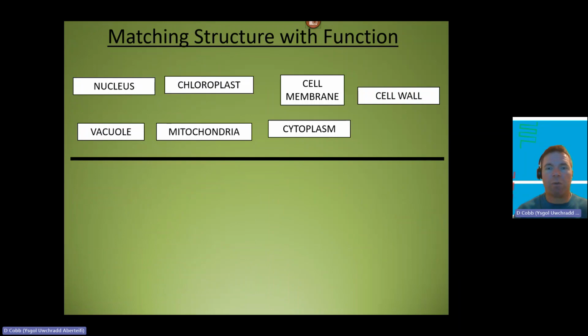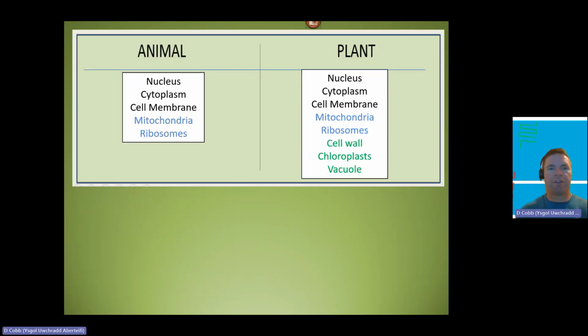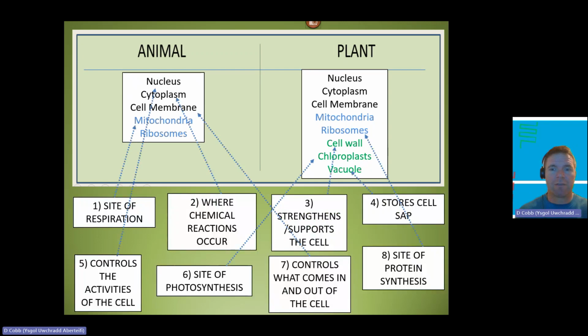We also need to identify what goes where. So whether they're in plant and animal cells. So you can see I've listed all those different parts of the cell, put them in the animal cell and the plant cell. I've also included on here ribosomes. Now ribosomes are something that sometimes you hear about. They'll be higher tier really, but ribosomes are the site of protein synthesis.